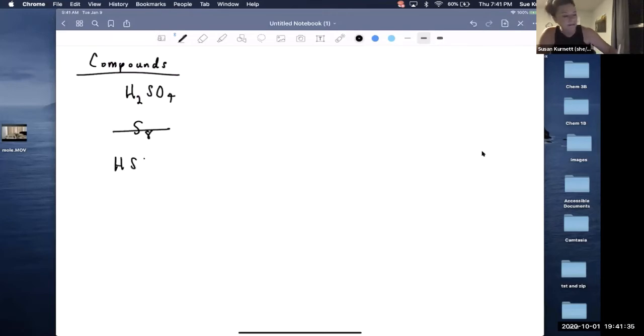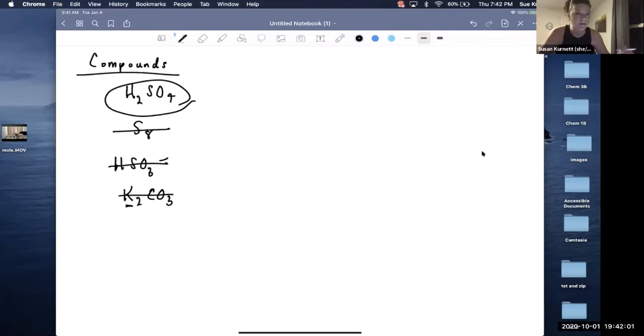Is this a compound? No, it's an ion. So more than one capital, no charge showing. Is that a compound? Yes. Okay. So this is a covalent compound because it doesn't start with a metal. This is potassium. Potassium's a metal. That's an ionic compound. But I want to focus on covalent compounds.